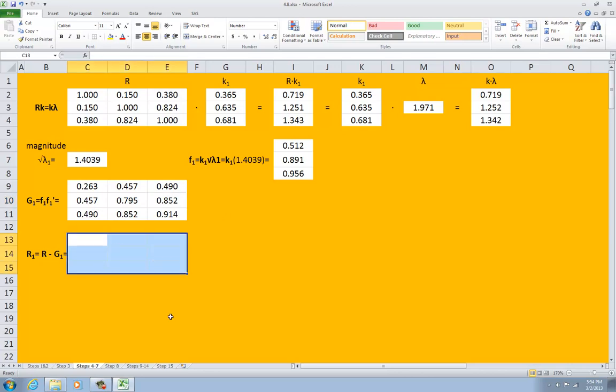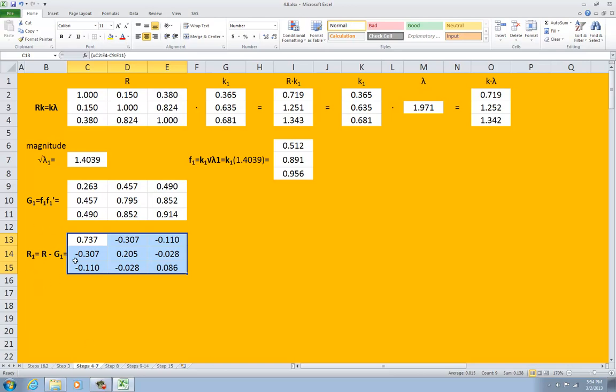So we can say this is equal to R minus G. And the resultant matrix is a matrix of first factor residuals, symbolized by R sub 1.